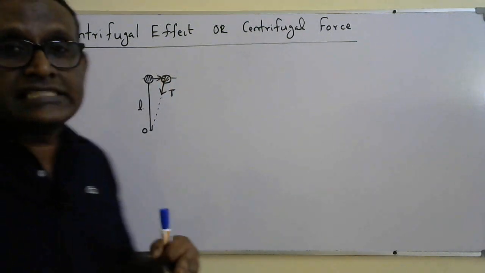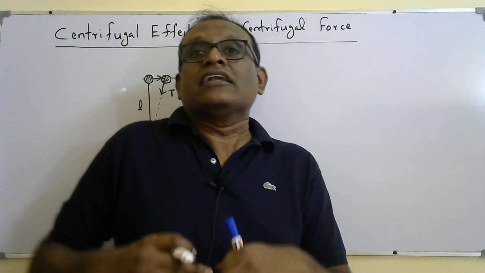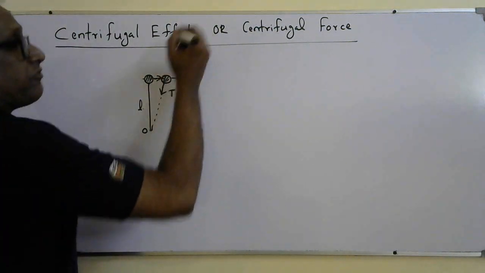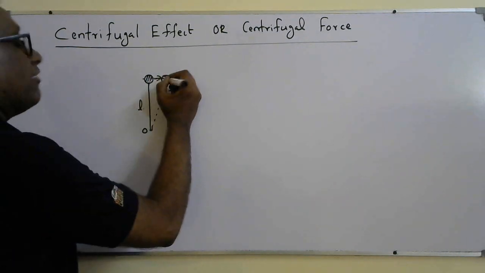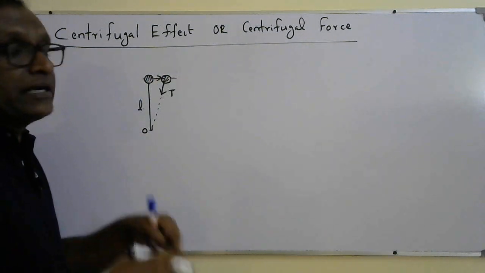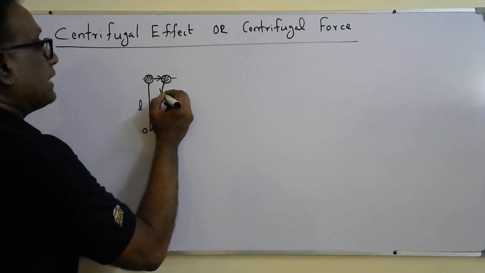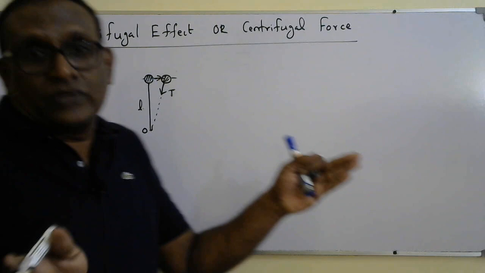Due to the inertia of the sphere, it will have a tendency of moving away from the center, but it won't move away from the center. It tries to move away from the center and keeps the tension always there.